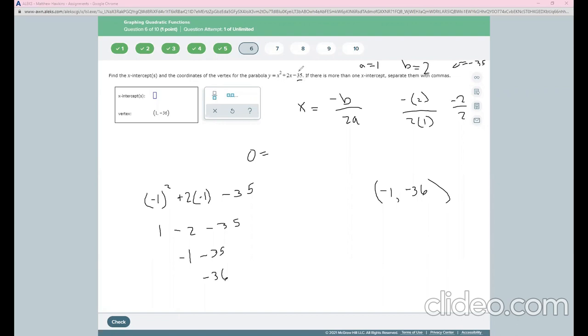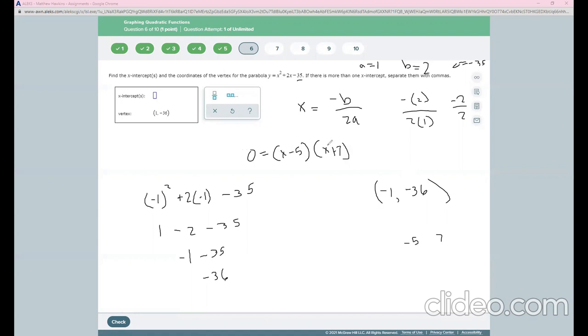So you're finding two numbers that multiply to give you c, and when you add them together, they give you b. So if we go through numbers that we know that multiply to give us negative 35, we have 5 and 7. Well, one of these will need to be positive and the other one negative. And since we have a positive 2, the 7 needs to be positive and the 5 needs to be negative. So this factors as x minus 5 and x plus 7.